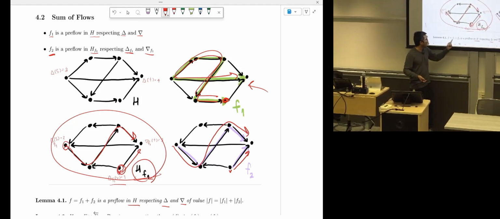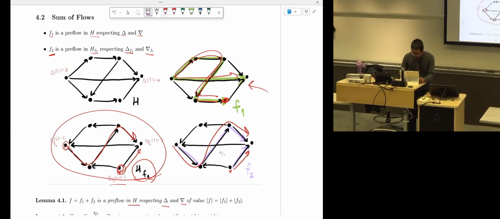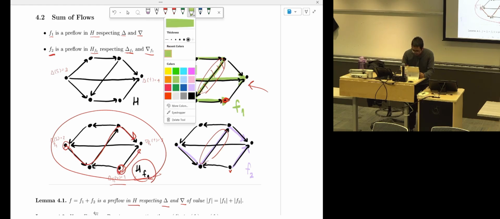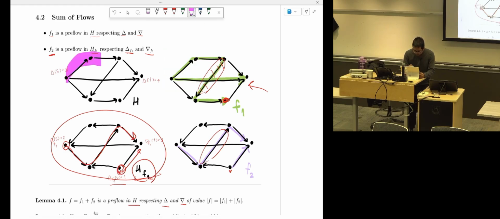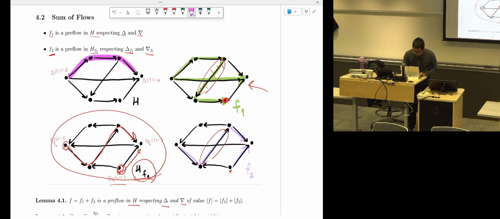So if I add F1 to F2, then in this example, what do I get? If I add them up, this edge cancels, right? And basically I get this one and this one.